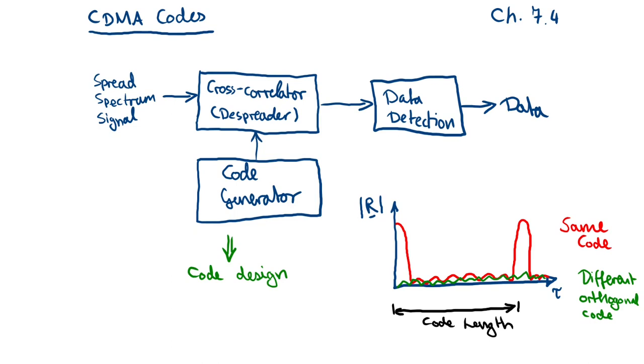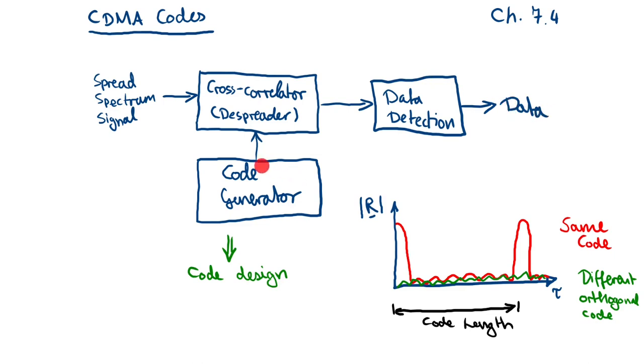You know this receiver chain from the last lecture. So here's the spread spectrum signal, and here's a cross-correlating despreader, and the despread signal can then be fed into the data detector, and what we get is the reconstructed data here.